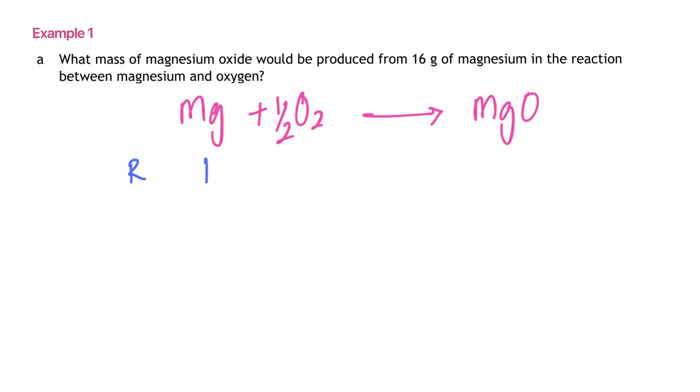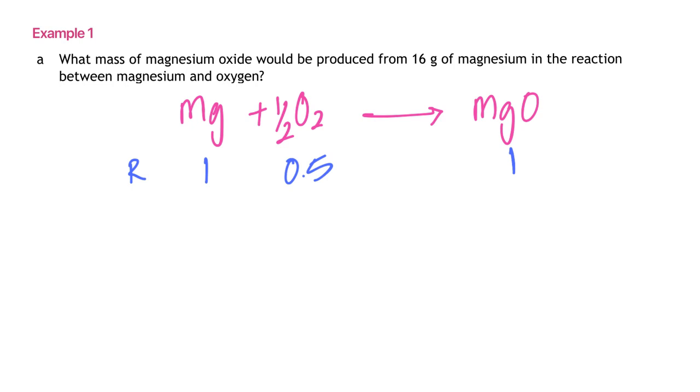For every one of these, I need 0.5 of these and one of these, similar to the example in our previous video. Step one, writing the equation and highlighting the ratios, is done. So a third of it is done.